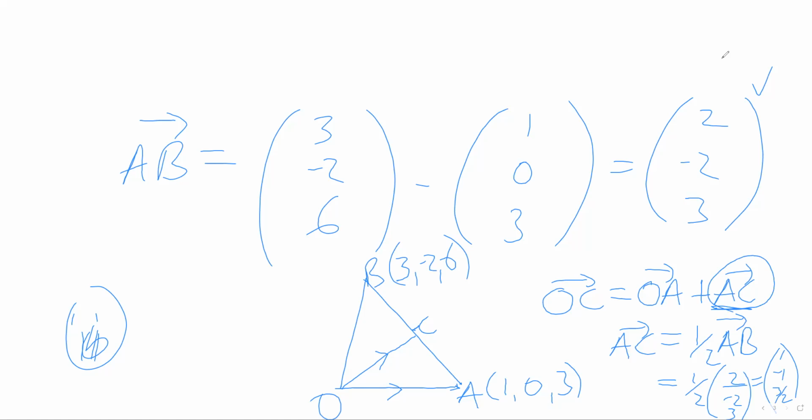So we can now put it back there, because we know OA. OA is just that. Remember, I told you this is the distance from the origin. So OA we have, AC we also have, so we can find OC.